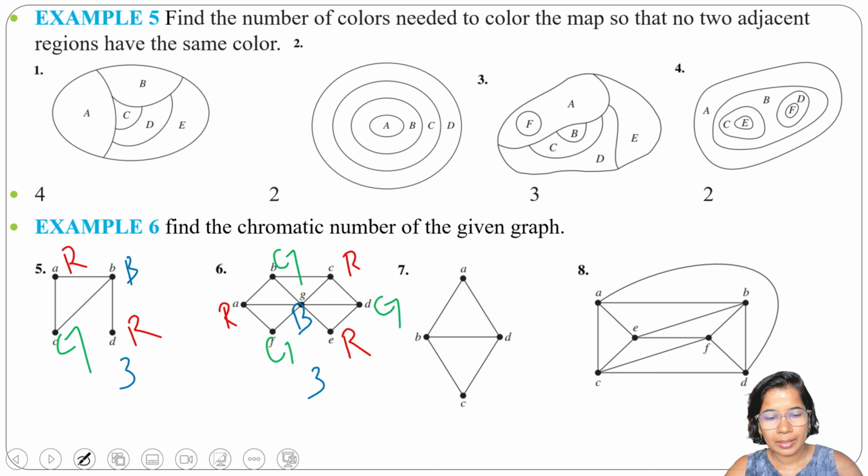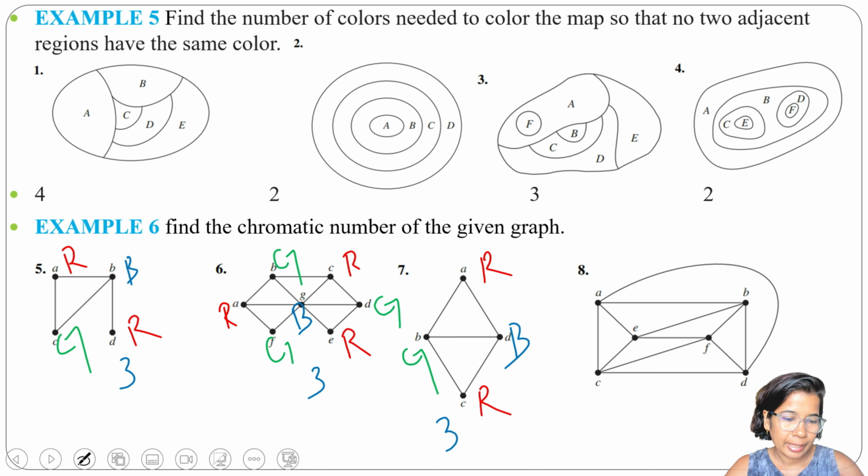Next, graph 7. If we assign red to A, B and D both cannot be red, but we can assign red to C. Next, B we can assign green, but D cannot be green, so we can assign blue to D. Here also we need 3 colors. Next, graph 8. Let me assign blue to C. If C is blue, then A, E, F, D cannot be blue.